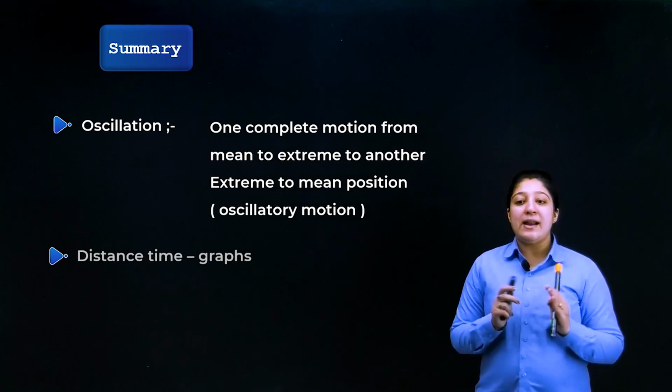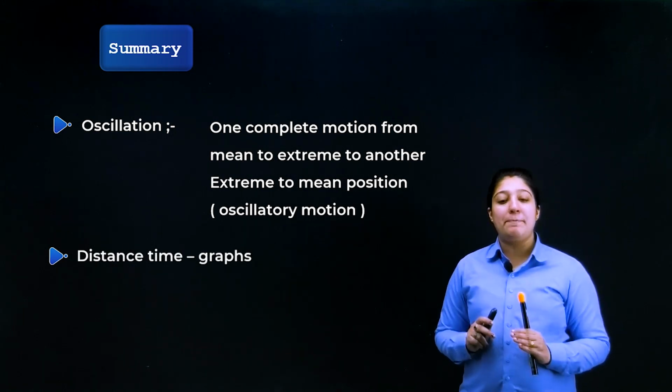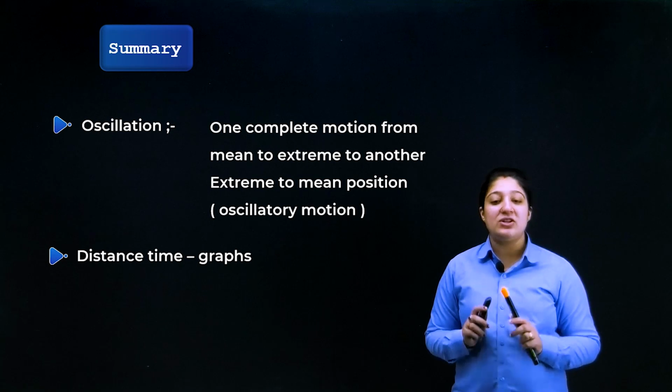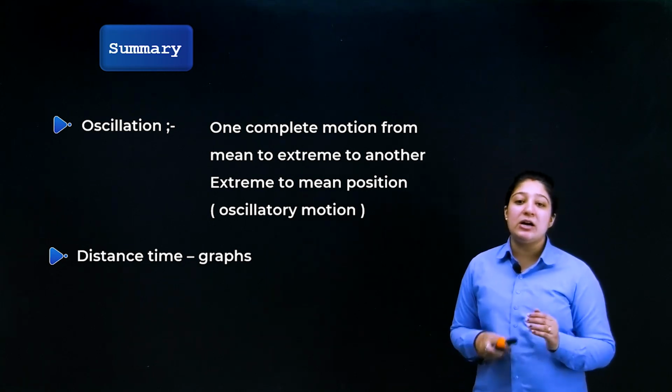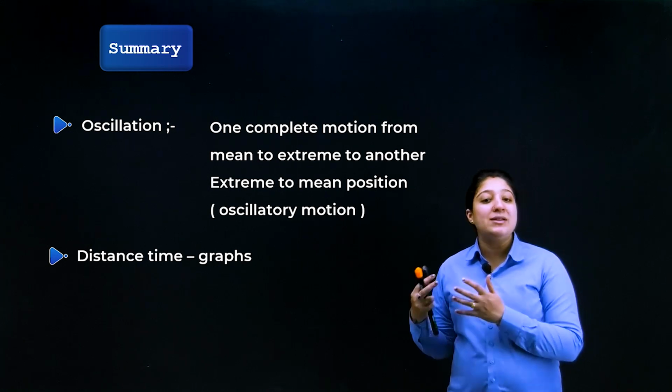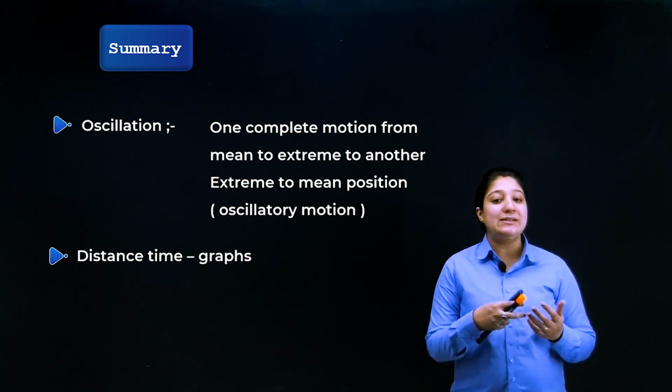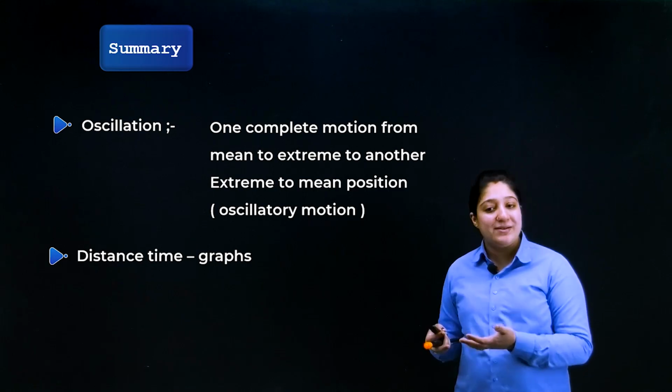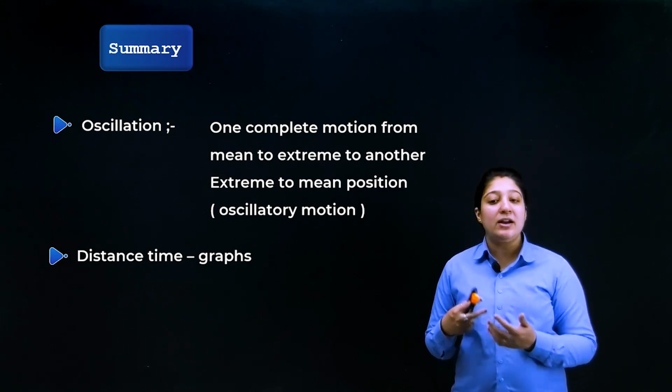After that, at last, we have moved on to our topic, that is distance time graphs, which are very important graphs. Here what we have understood is, if some data is given, like how much distance is covered by the object in a certain time, how we are going to represent that in graph form.